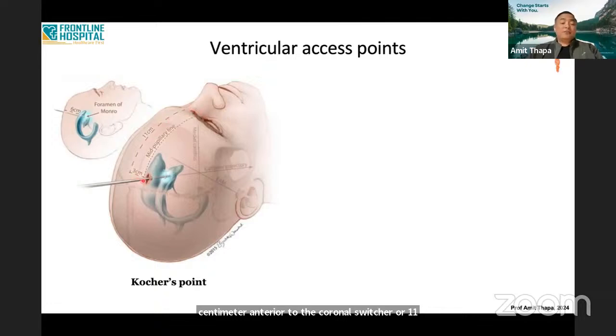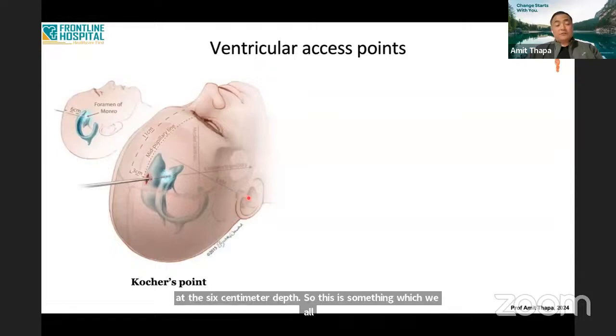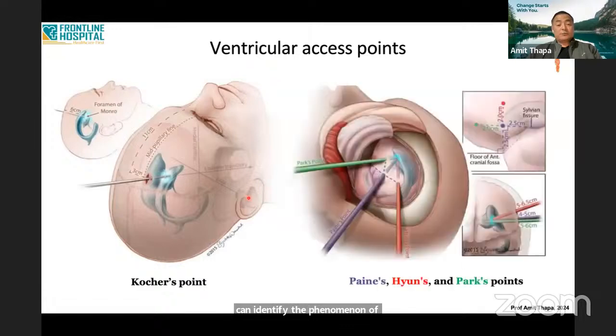The trajectory is towards the mid-pupillary line, pointing towards the external auditory meatus on both sides. With this trajectory, the frontal horn will be hit at 6 centimeter depth. This is something we can all identify, the foramen of Monro, while doing an EVD tap using Kocher's point.